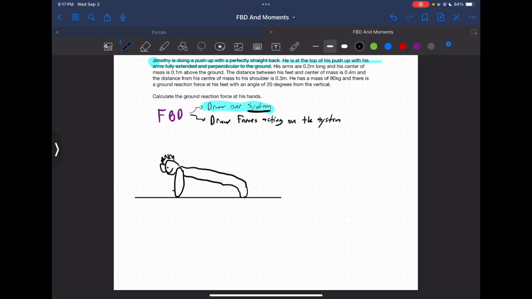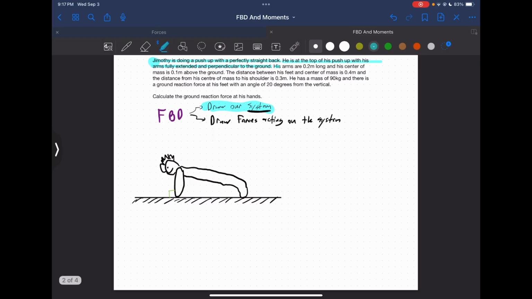Right, his arms are perpendicular, so pretend that's 90 degrees. Right, you can even throw in that angle. I'm going to do it in a different color so I don't get confused. That is 90 degrees perpendicular. And we'll give the ground so we can tell that is ground and not some plank floating in the air.